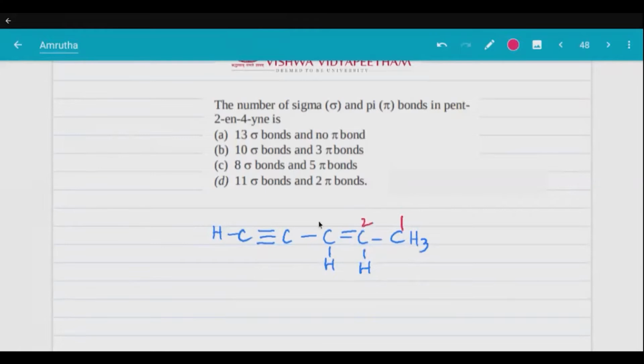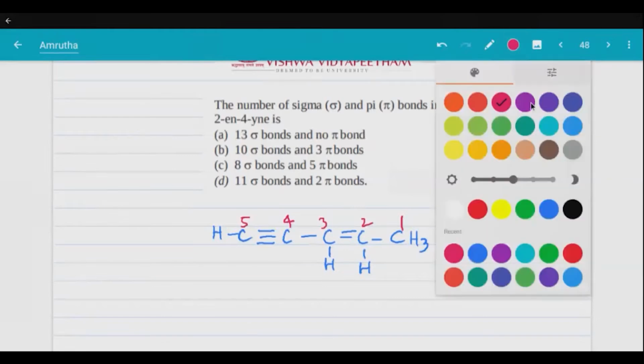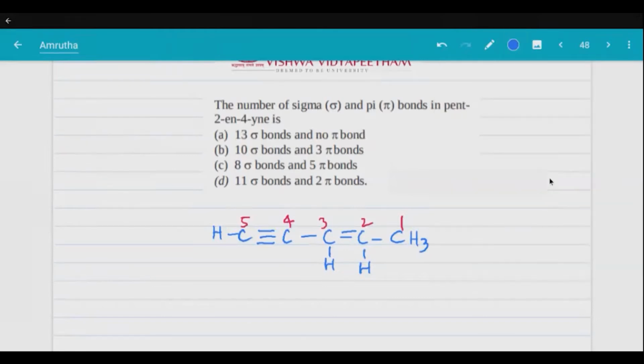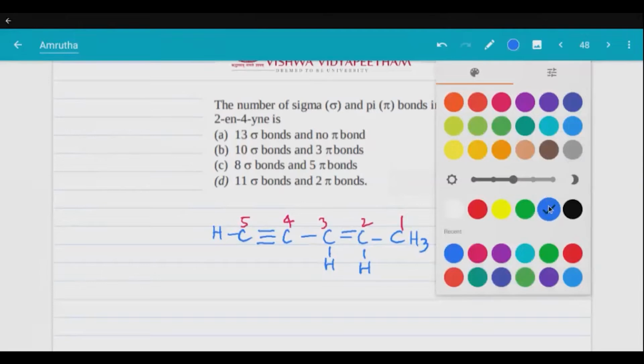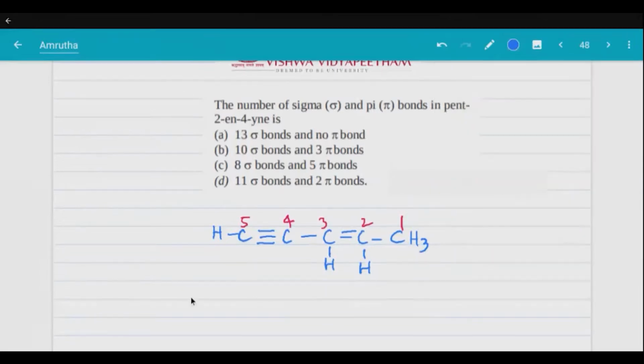Pent-2-ene-4-yne. Now how many sigma bonds? First bond is sigma, right? First we'll count CC bonds. How many CC bonds? How many CH bonds? Sigma, because pi bond is not possible with hydrogen.